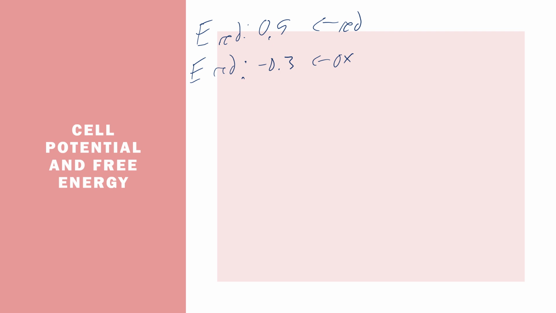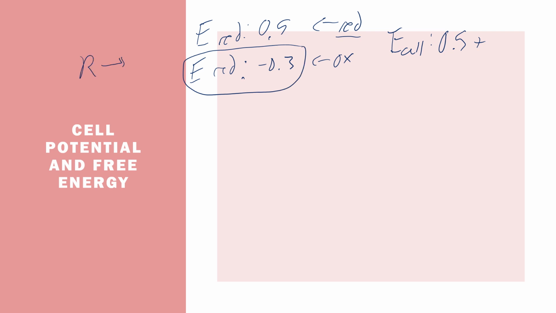So to calculate the overall cell potential, you will take the reduction potential for the reduction half reaction, which is 0.5 in this case. And then you're going to add the reduction potential for the other cell, but you have to flip the sign because the reaction is going to flip.